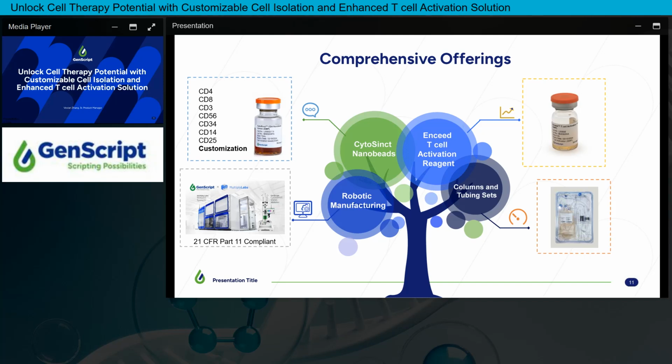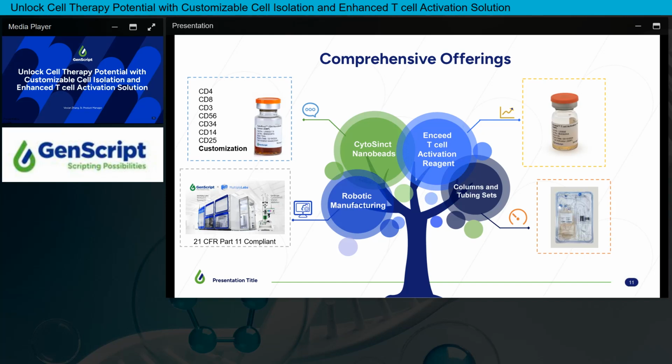And with that, we are able to offer comprehensive product solutions, including our cell isolation nanobeads with many different types of popular targets for T cells, NK cells, stem cells, and more.